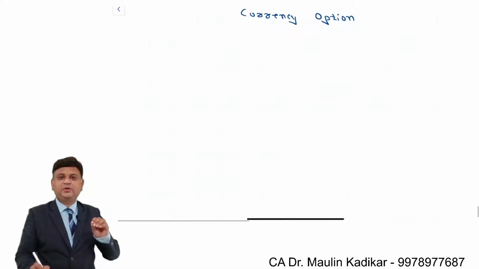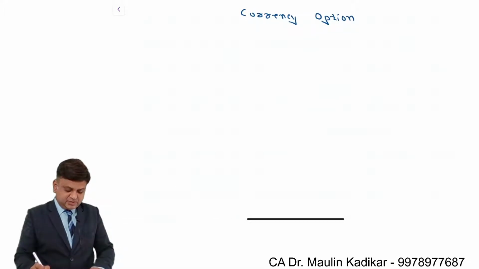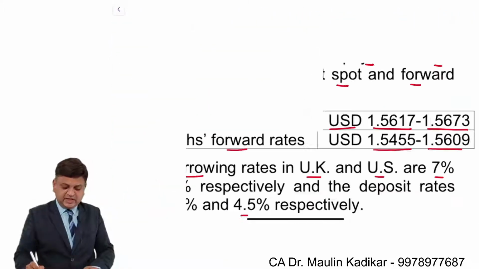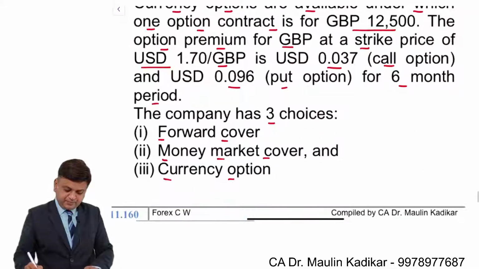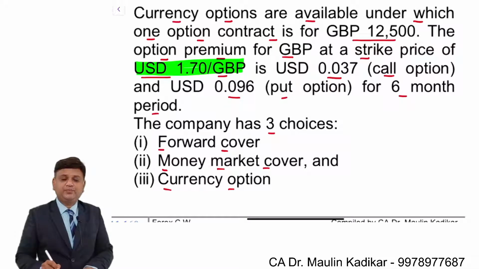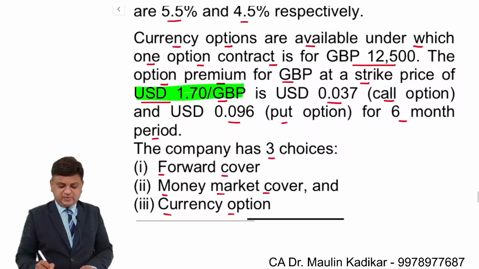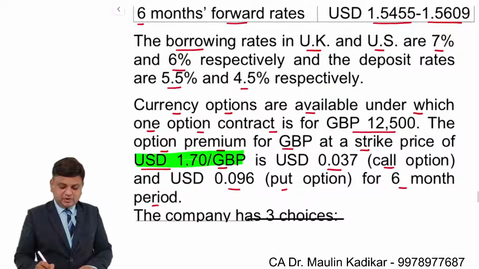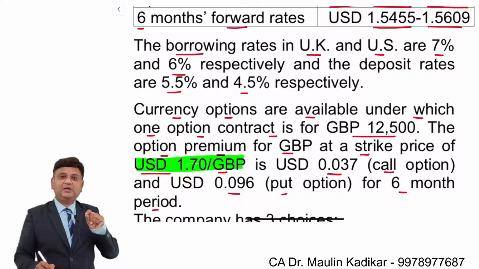Now friends, most importantly, the question is providing the information about the exercise price. What is the exercise price provided to us? $1.70 per pound.